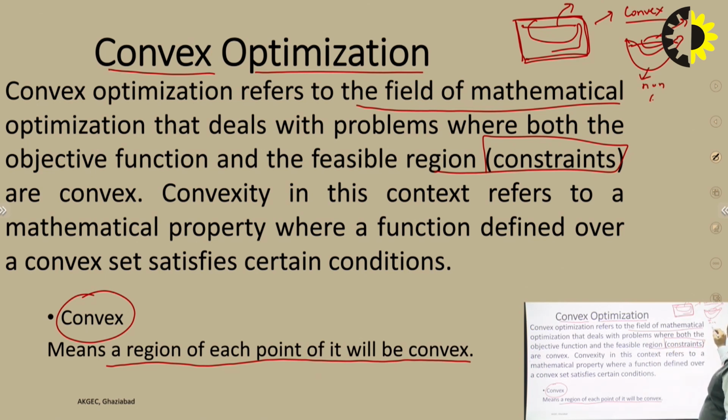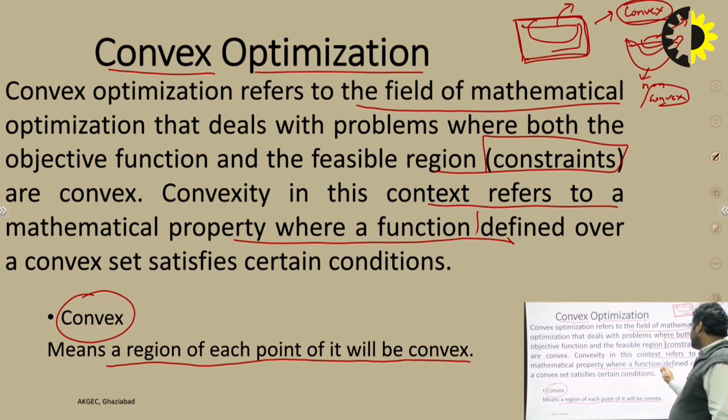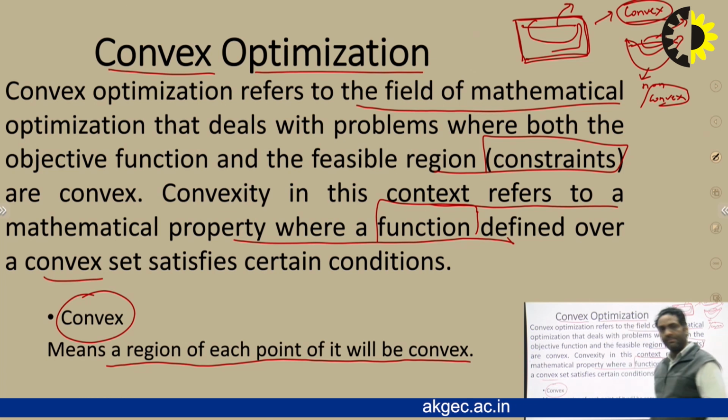This is non-convex. Now you are clear what is convex. So when we apply this concept in convex optimization, it refers to a mathematical property where each function value must also satisfy this convex property.